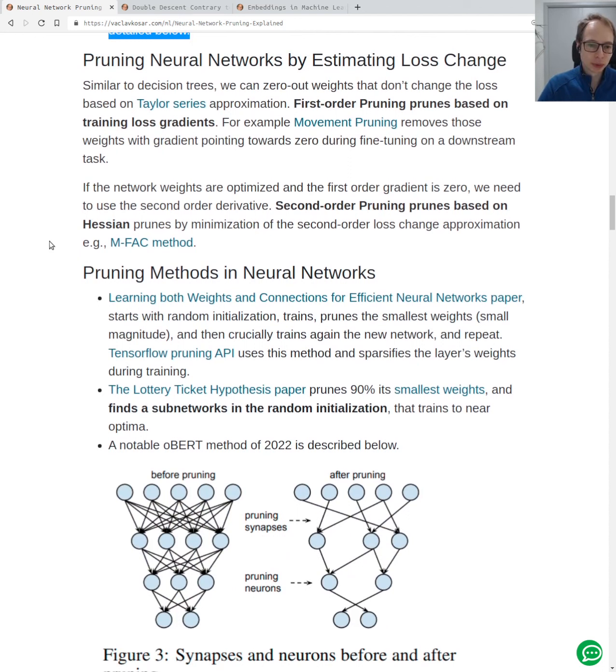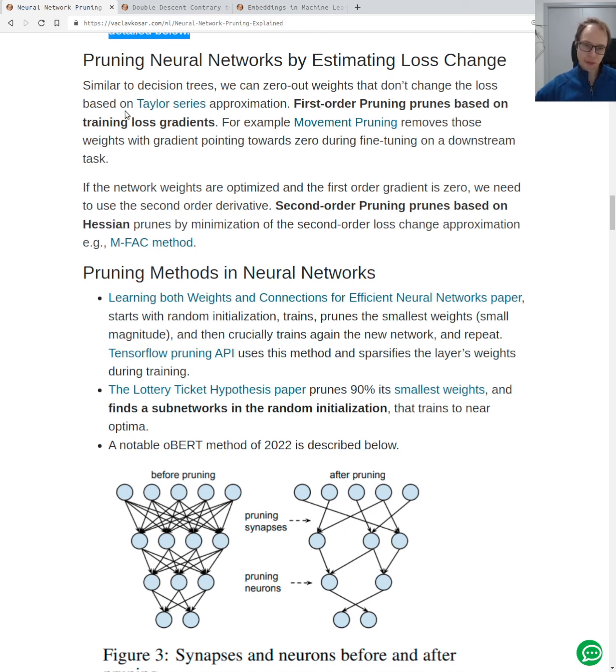This is similar to decision trees, where we have this cost complexity composed of two parts. Here we zero out weights that don't change the loss, based on the Taylor series approximation of the loss. We cannot actually predict very far how the loss would change.